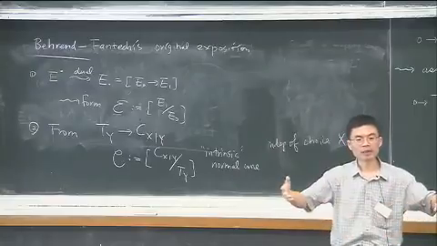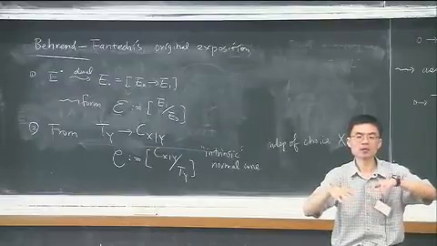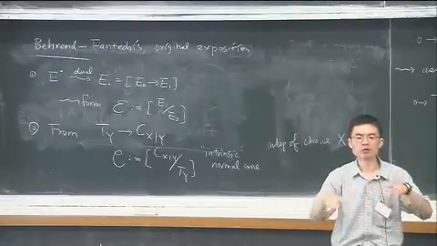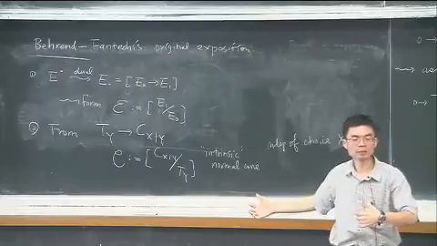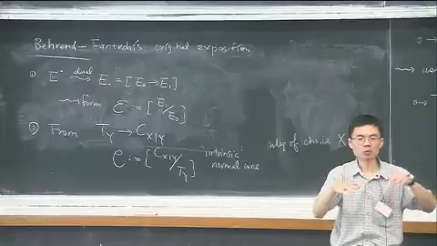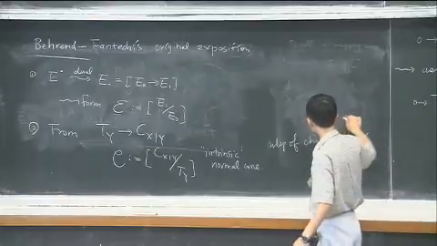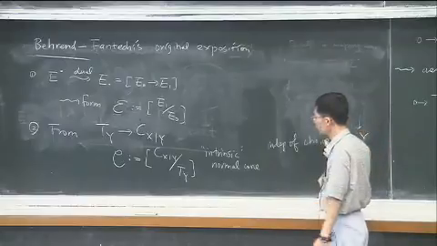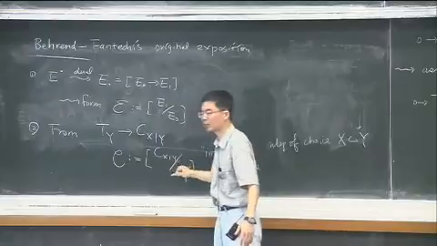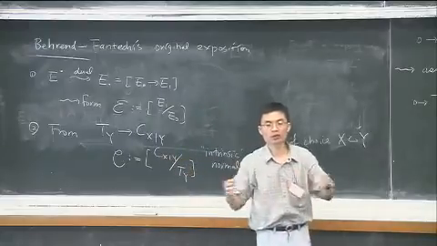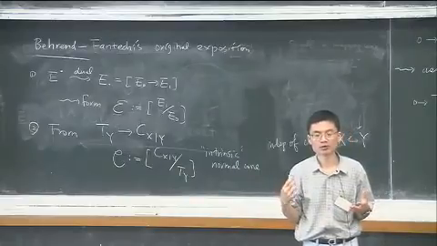If I don't have a global embedding, I take X, find a chart. For each chart, I can glue these quotients together. It's completely independent of the choice of this. I may not have a global embedding of X into Y, but locally I can. So that's why it's called the intrinsic normal cone.